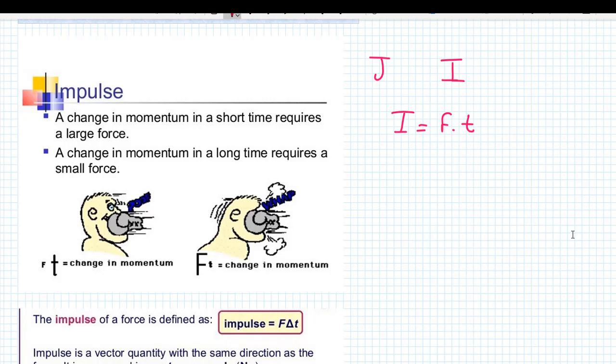But if you have enough time, you don't need a big force, you can apply less force. A change in momentum in a long time requires a small force. If you don't have much time, you should apply a very big force.